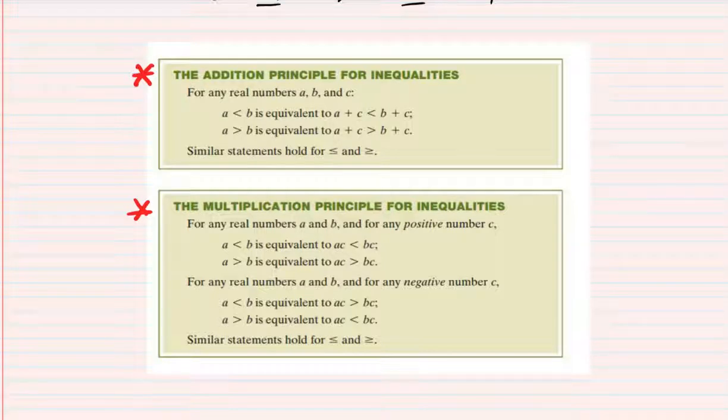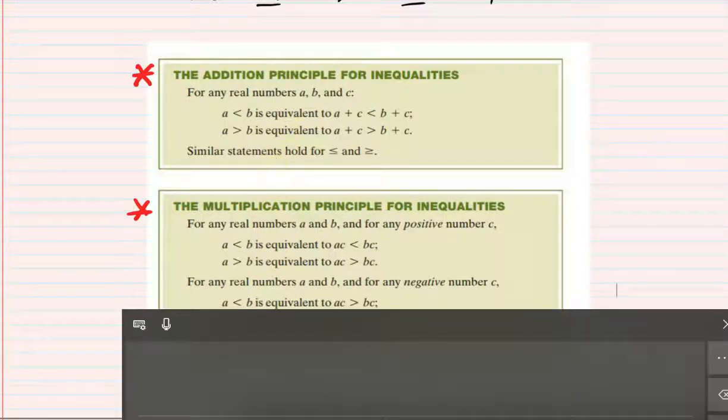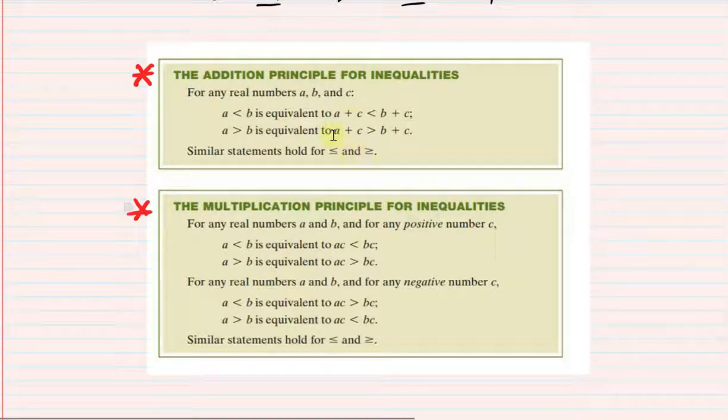The addition principle is very much just like equations. Remember, in an equation, we can add or subtract anything to both sides. Well, that's what this addition principle tells us. If C is a constant, you can add it to both sides of an inequality.